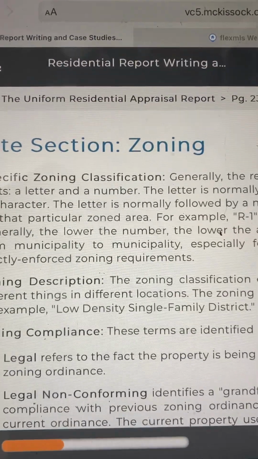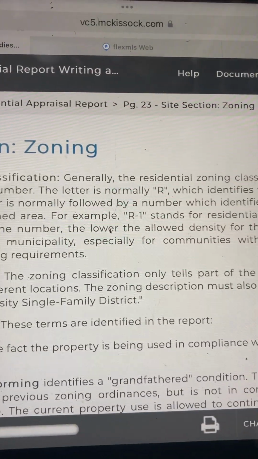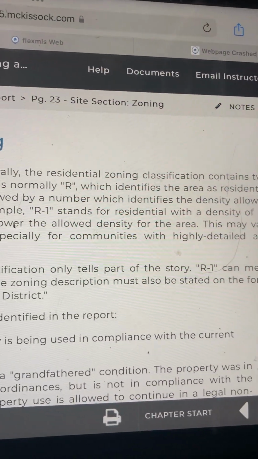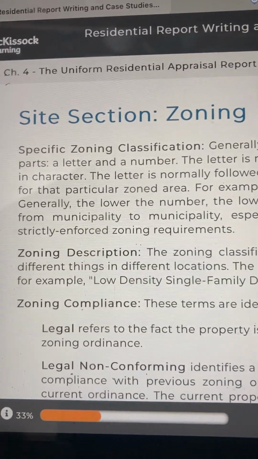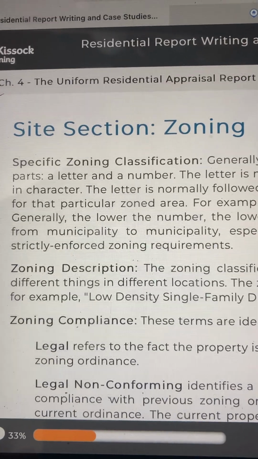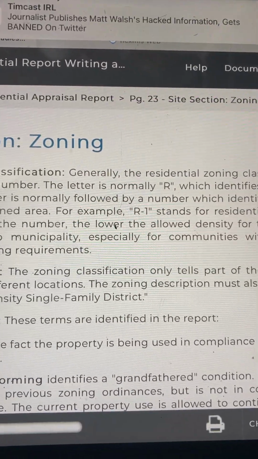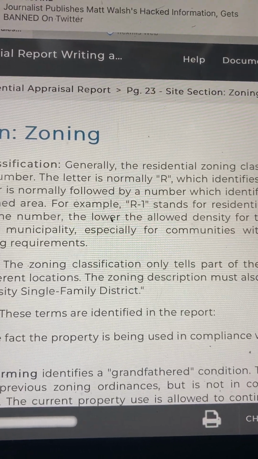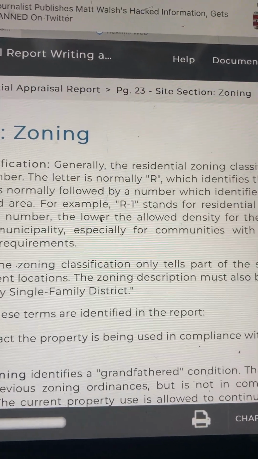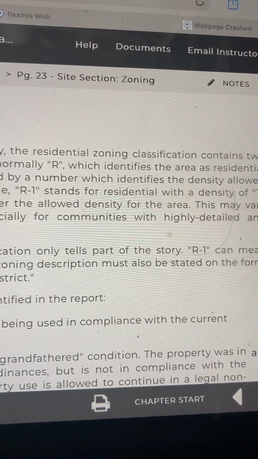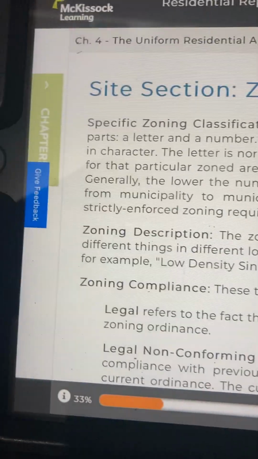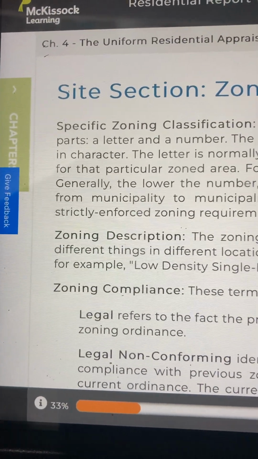Specific zoning classification. Generally, the residential zoning classification contains two parts, a letter and a number. The letter is normally R, which identifies the area as residential in character.